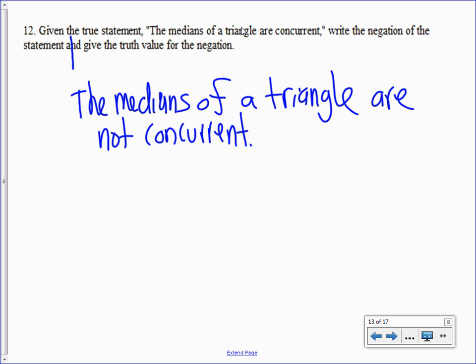Now we haven't learned about the truth value of that. You don't know what concurrent means. But it says that the initial statement is true. If the initial statement is true, then the negation, the opposite, must be false.